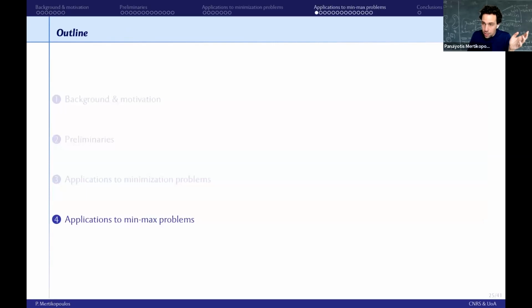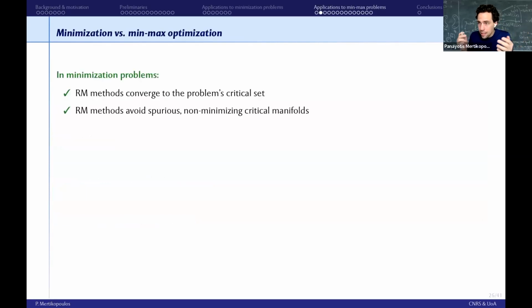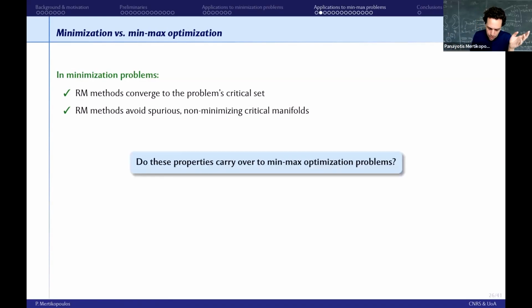And in a sense, all the stochastic approximation or Robbins-Monro methods converge to the problem's critical sets, and they avoid spurious, non-minimizing critical manifolds. All right, this is the general gist of what we can obtain in a minimization context.